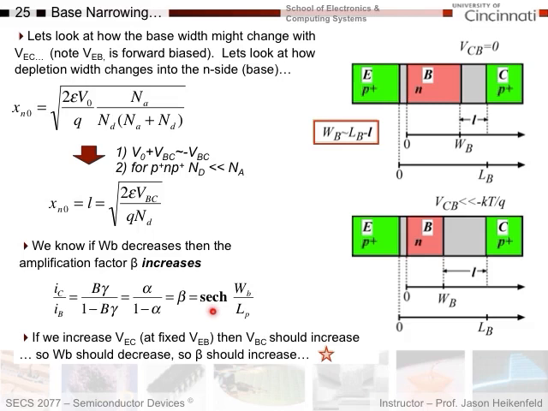So narrower base width gives me more amplification. Again, if we increase VEC at a fixed emitter base voltage, then the base collector voltage should increase, so WB should decrease, so my amplification factor should increase. And I'm showing that essentially right here, where I put more voltage on this thing, and you can see that the depletion region is growing and my base width is further narrowing.